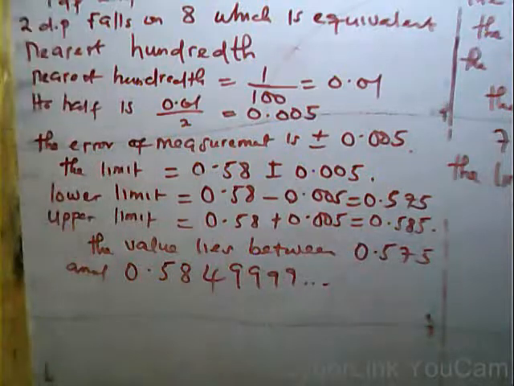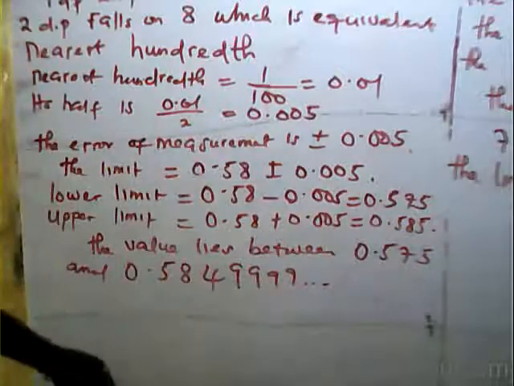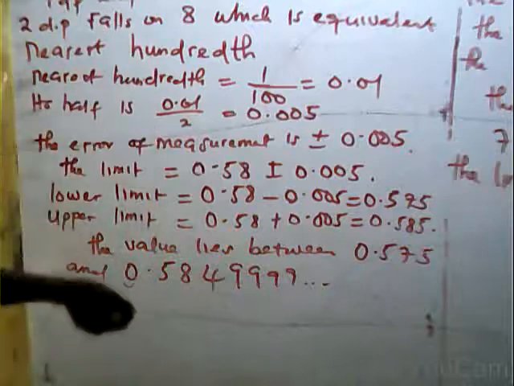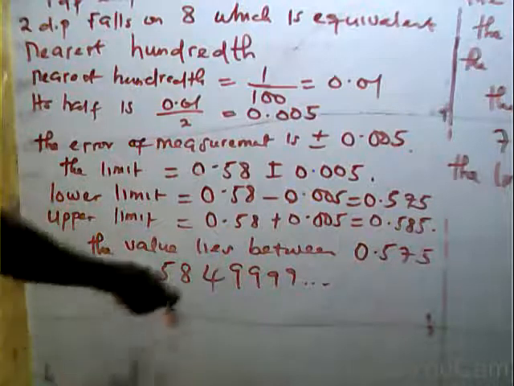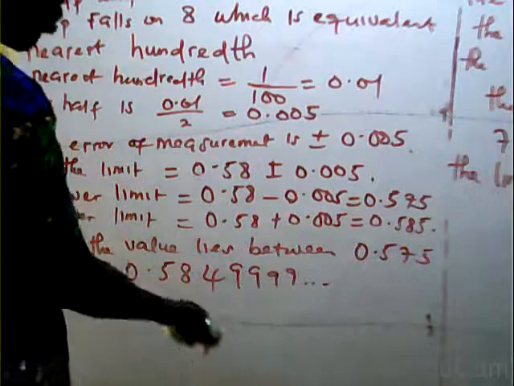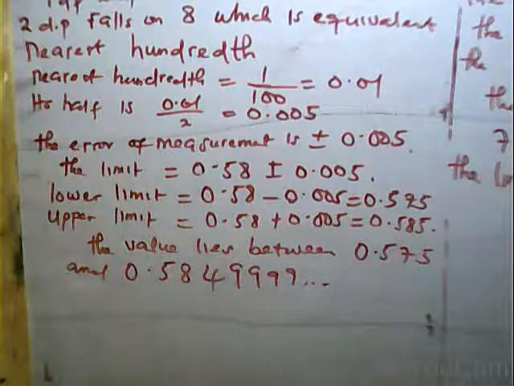Are you getting it now? Because any of these values can be approximated to 2 decimal places and still give us 0.58. This one also we have 0.58 if you check it, right?